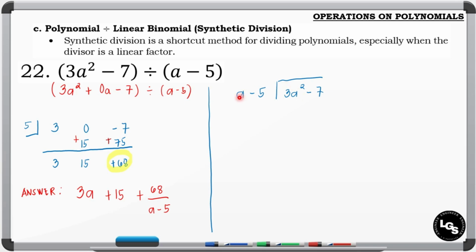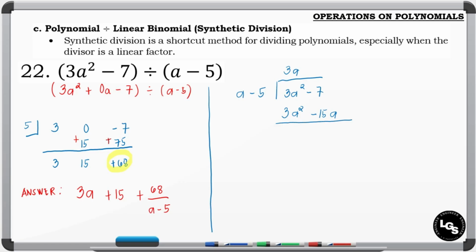So 3a squared divided by a, that is 3a. Then 3a times a, that is 3a squared. Again, 3a times negative 5, that is negative 15a.